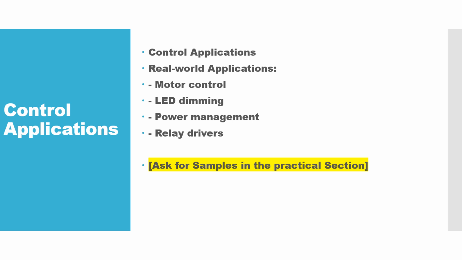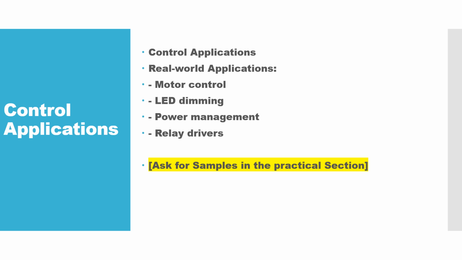Now, what can these electronic switching devices be used for in real life applications? You use it to drive a relay. You cannot just control your relay directly, and these relays are majorly used to convert your low signal or low voltage.